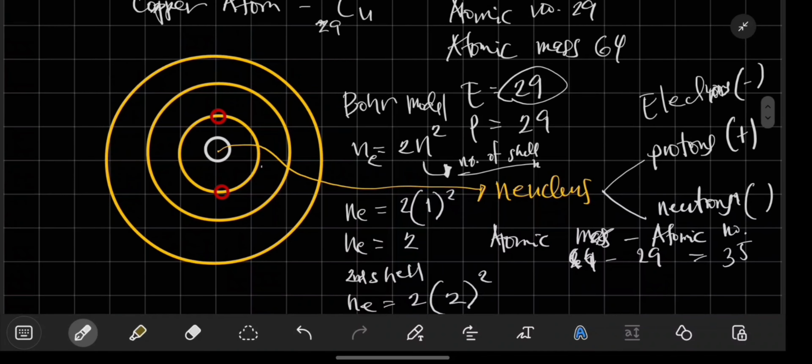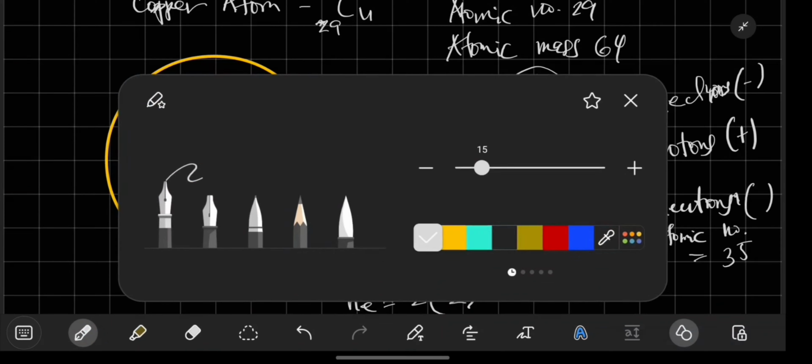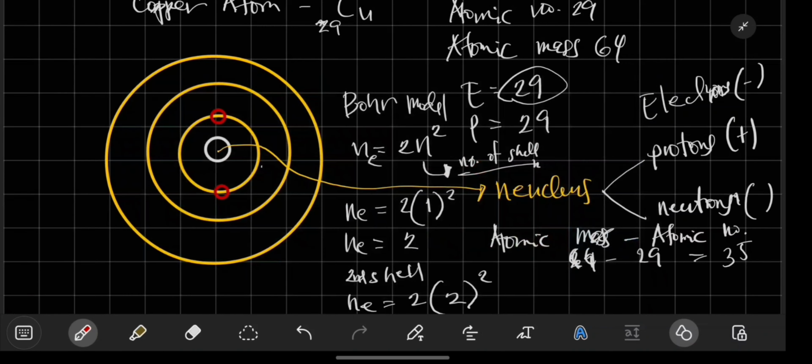So meaning to say, the maximum number of electrons in the second shell is equal to 8. So let's have red electrons equal to 8. So 1, 2, 3, 4, 5, 6, 7, 8. Okay?